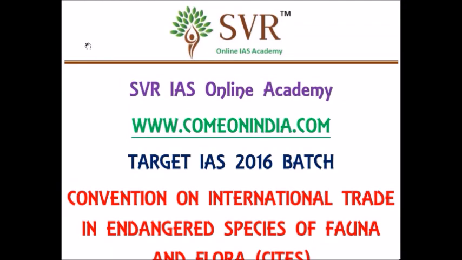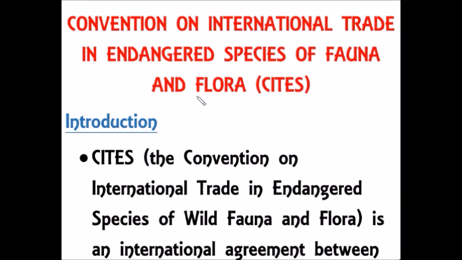Under Target IAS 2016 batch, you will learn in this video about CITES. CITES stands for Convention on International Trade in Endangered Species of Flora and Fauna. Here, flora indicates plants and fauna means animals.